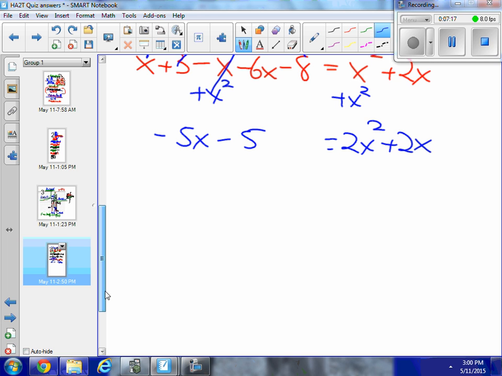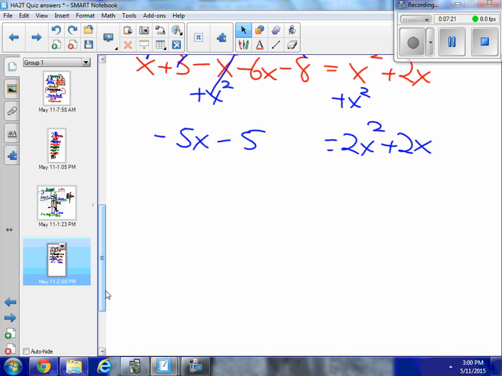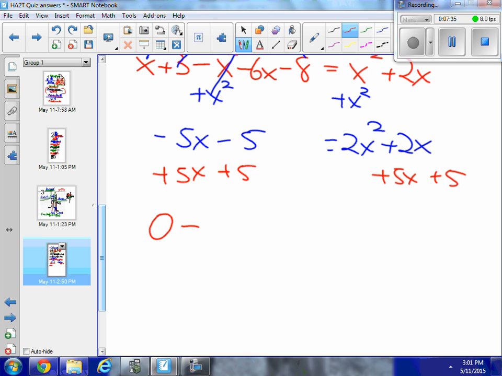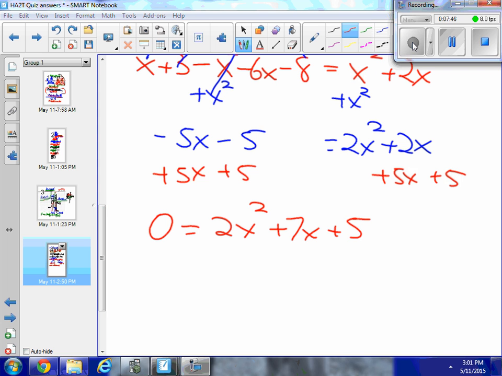So again, I want to keep my x squared positive, so I'm going to add 5x to this side and add 5 to this side. So this becomes 0, and this becomes 2x squared plus 7x plus 5 equals 0.